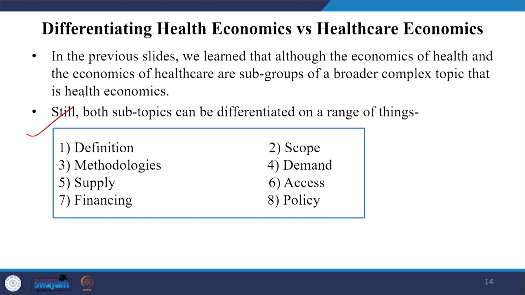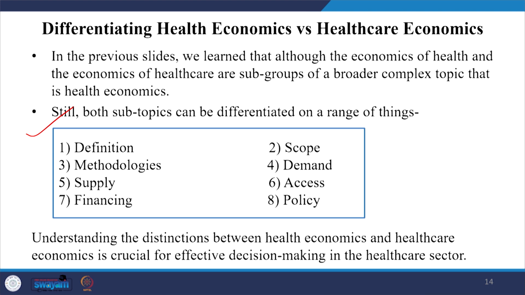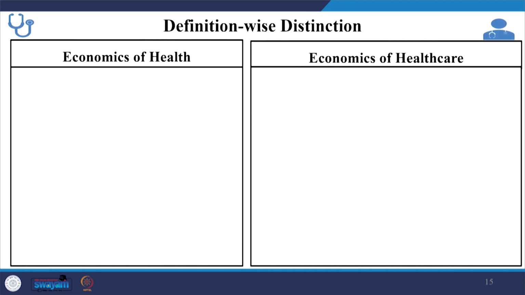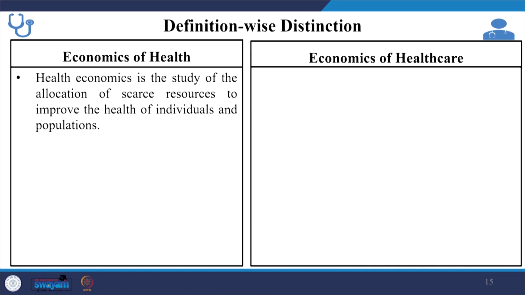We will be distinguishing these economics of health and economics of healthcare through their definition, scope, methodologies, demand and supply, access, financing issues, and policy directions. Understanding the distinctions between health economics and healthcare economics is crucial for effective decision making in the healthcare sector. Therefore, we need to identify each of them very carefully.